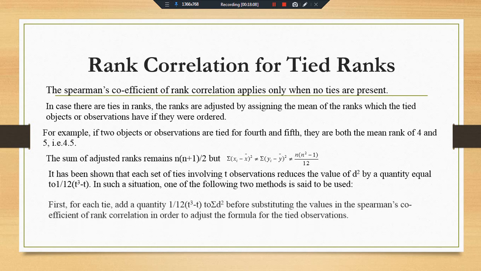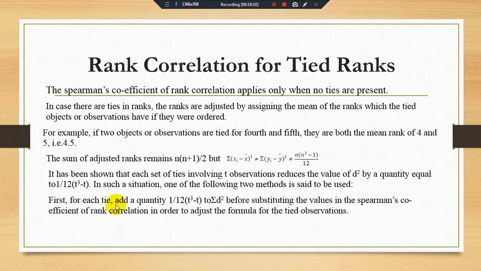First method: for each tie add a quantity 1 over 12 into t power 3 minus t to summation d square before substituting the value in the Spearman coefficient of rank correlation, in order to adjust the formula for the tie observations.